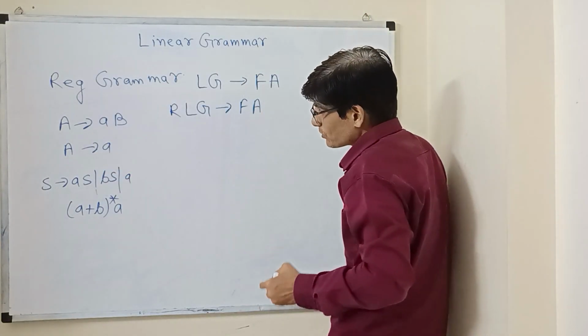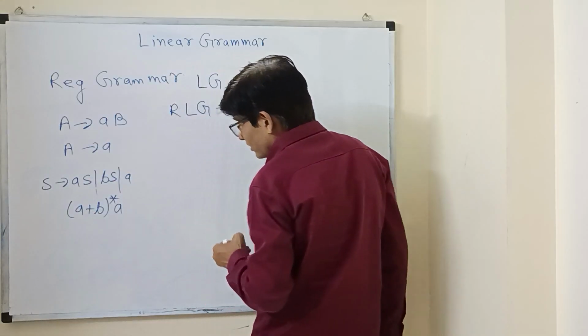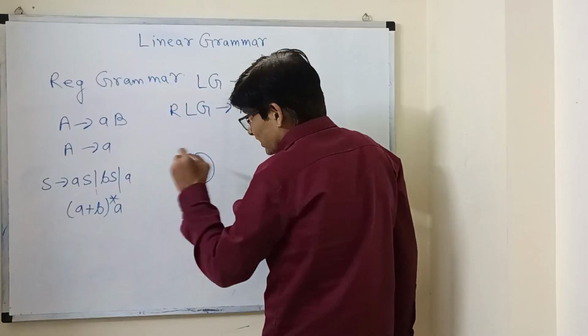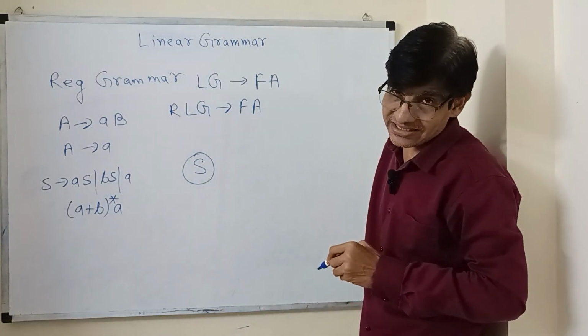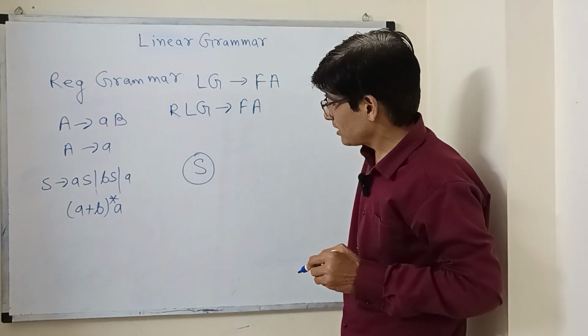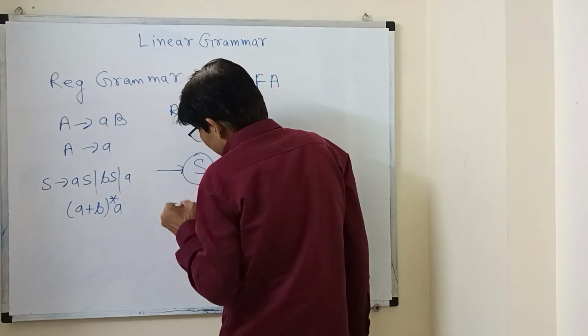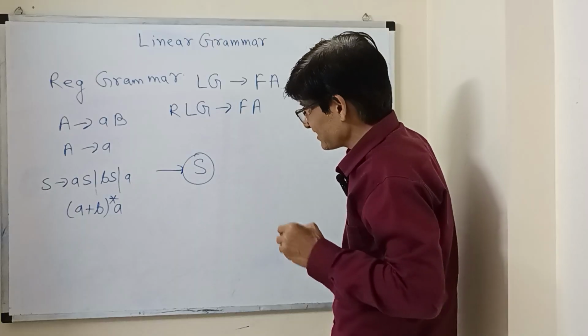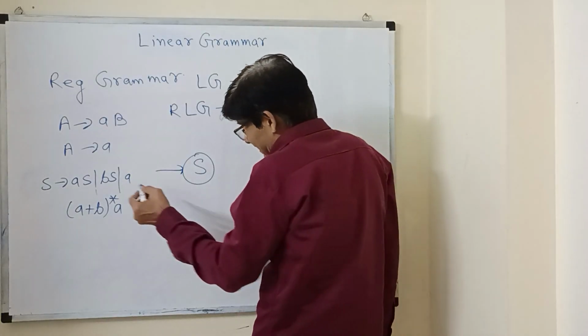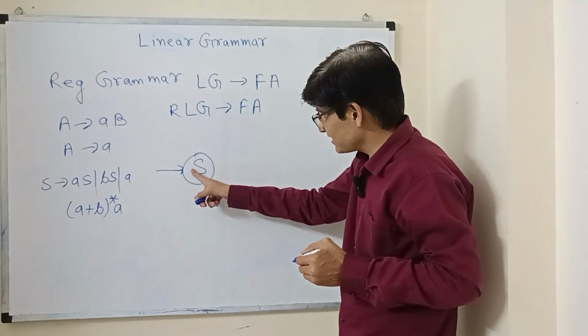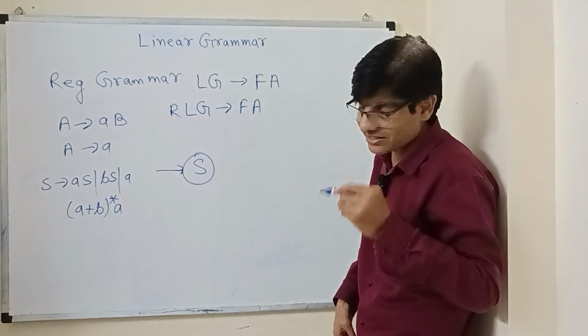As you can see, there is only one variable, so we can create at least one state here, and whatever start symbol is in your grammar, you can make the corresponding state the initial state. As it has only one variable, I can create this state and make it the initial state.